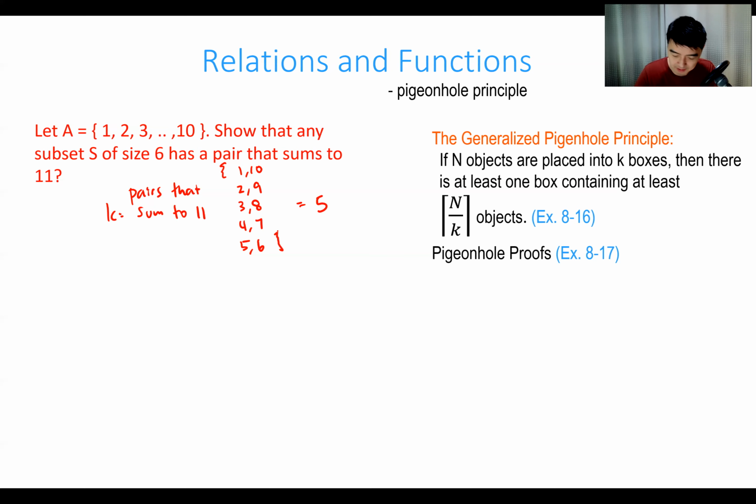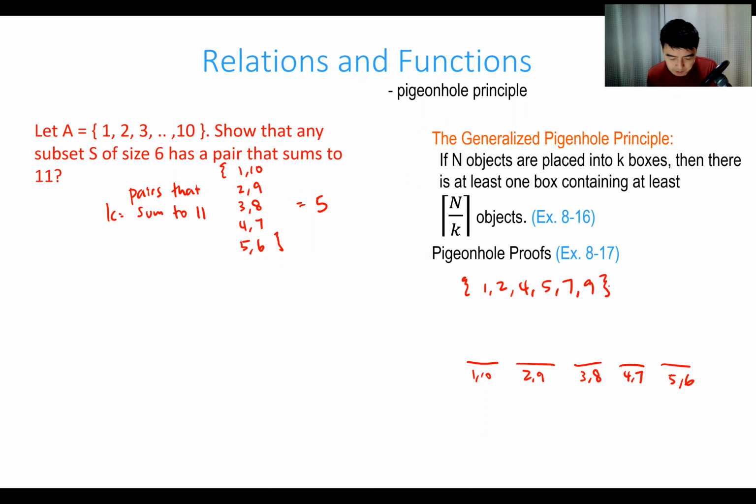Now, if you imagine that I have these boxes corresponding to 1 and 10, another box corresponding to 2 and 9, 3 and 8, 4 and 7, and then 5 and 6, I can look through any subset of size 6. So let's just generate a subset of size 6. Let's say we have the numbers 1, 2, 4, 5, 7, and 9.